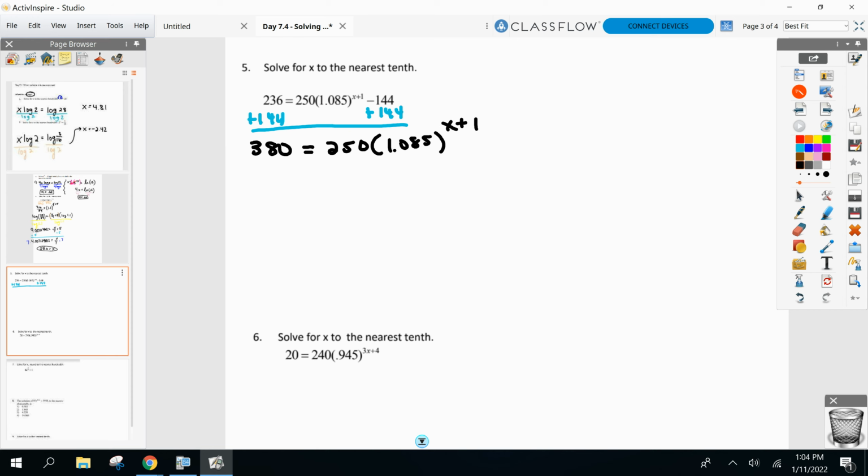Next. Divide by 250. Now get the 250 out. We got 1.085 to the x plus 1.